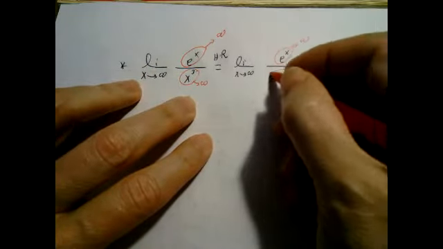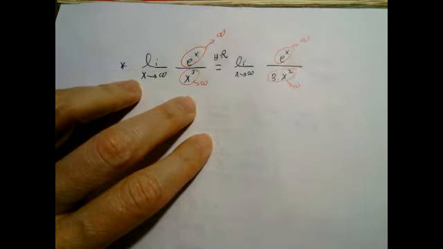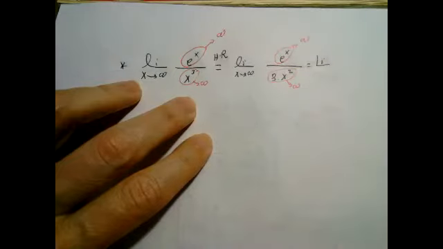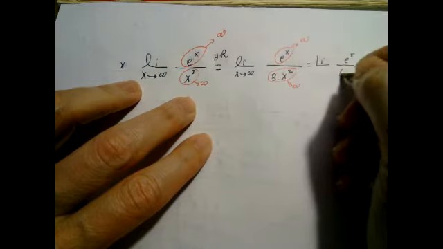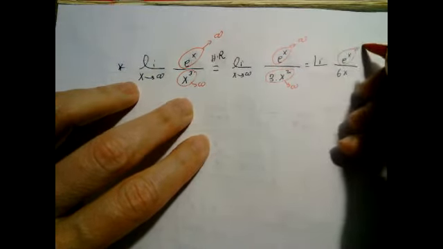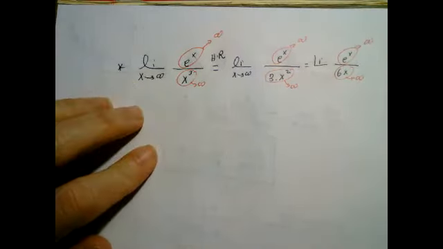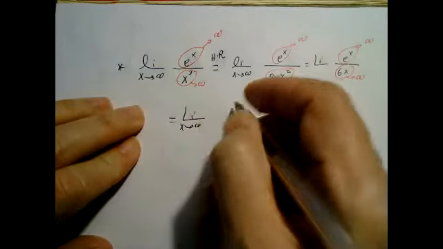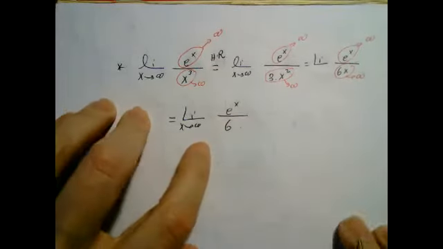This is large, and this is large. Again, I apply L'Hopital's rule. And it's going to give me e to the x over 6x. Very good. Large over large. Again, applicable. And finally, I will get e to the x over 6.